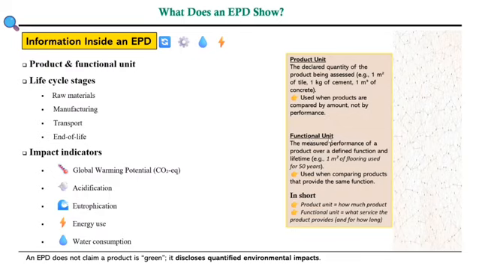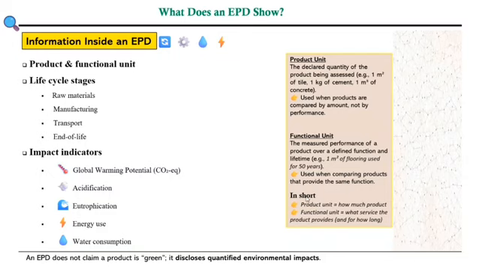And on the other side, we have the functional unit, the measured performance of a product over a defined function and lifetime. For example, 1 meter square of flooring used for 50 years. It is used when comparing products that provide the same function.